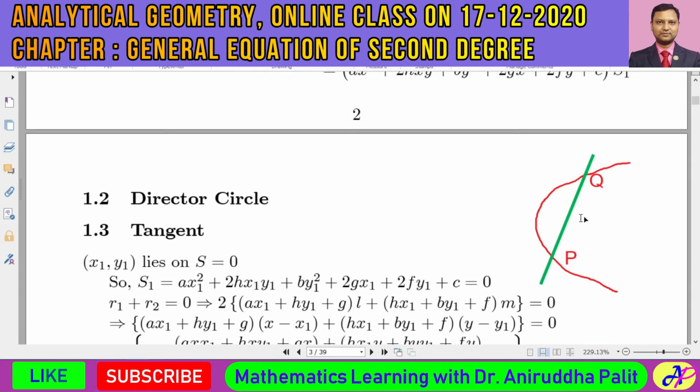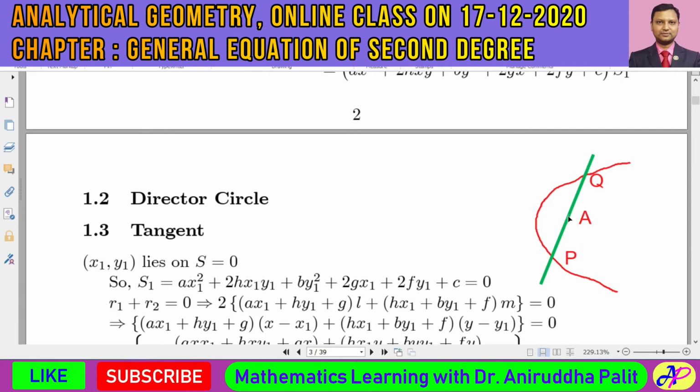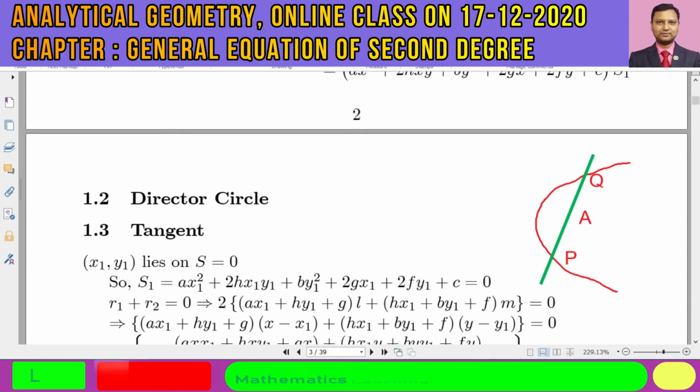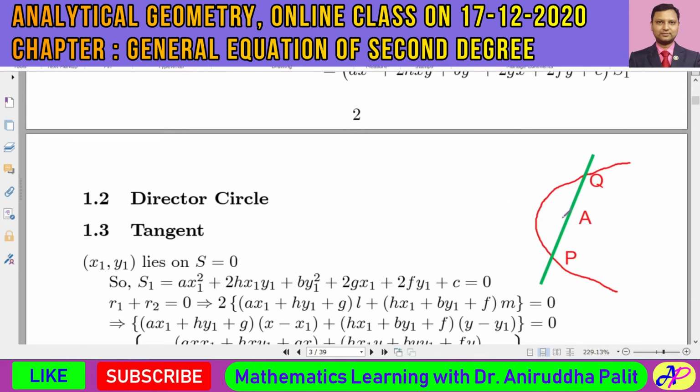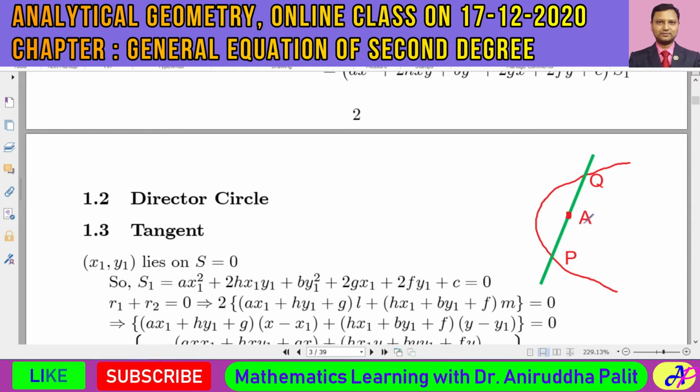This is somewhere over here, maybe this kind of position. This is position of the point capital A, maybe somewhere over here. This may be the position of the point capital A, the fixed point capital A. Suppose this is the position of this fixed point capital A.